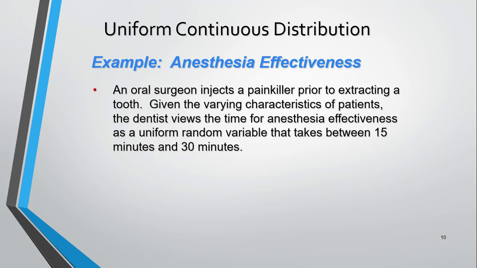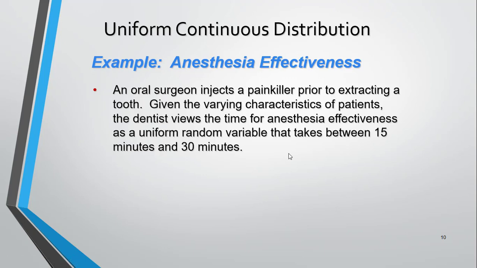So for someone, maybe a big guy, an older person, a small, weaker person, it may take 15 minutes to numb the person. And for a strong, big guy, maybe it takes 30 minutes to get him numbed, right?